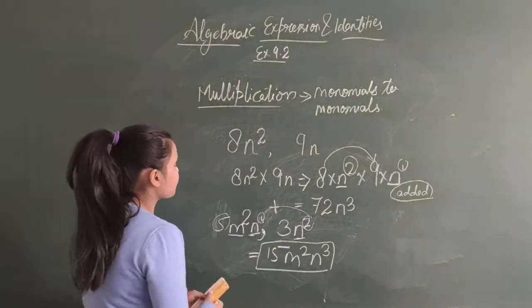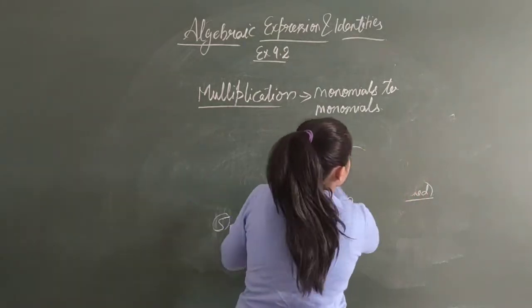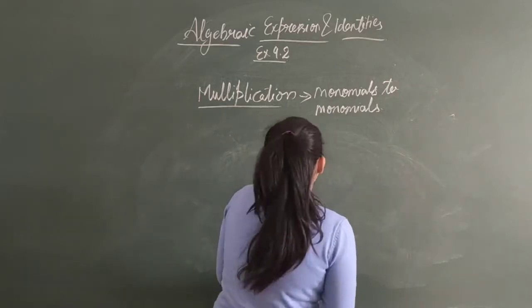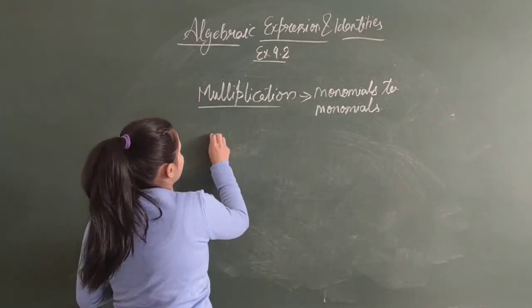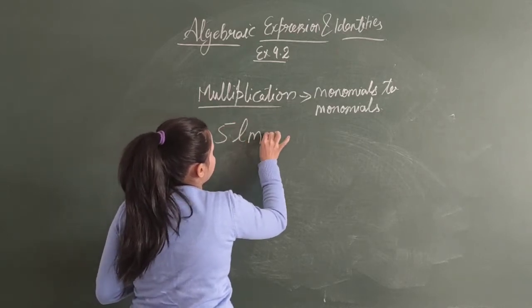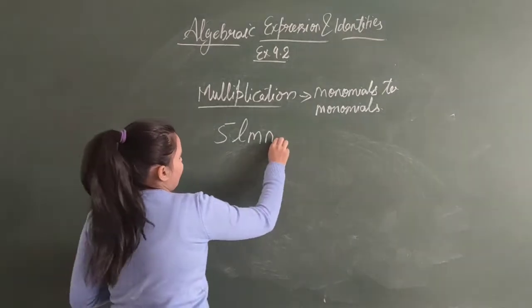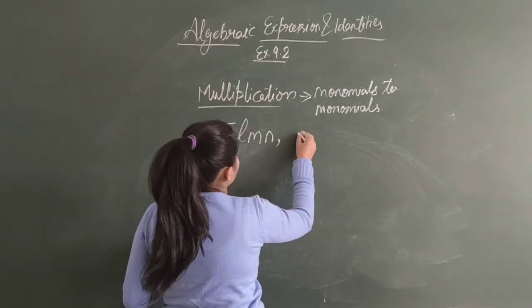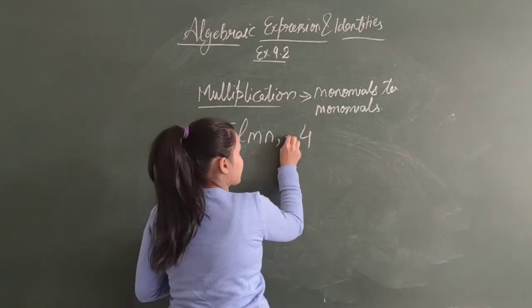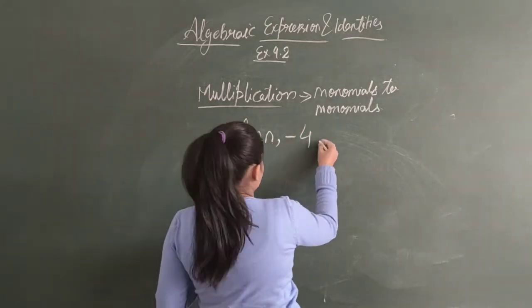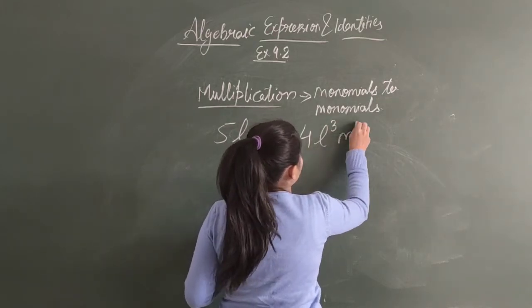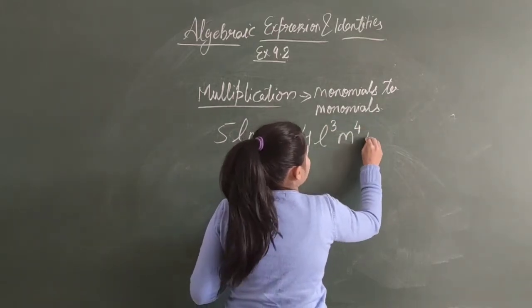Alright. Let's take another example for understanding this concept clearly. This is given 5lmn and a term is given as, let's take minus 4 l cube m to the power 4 n.